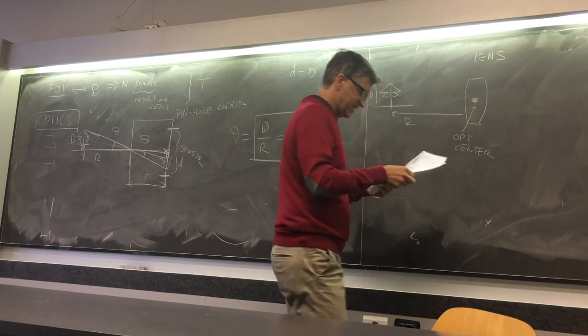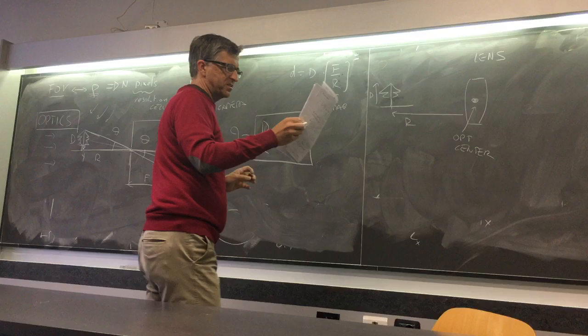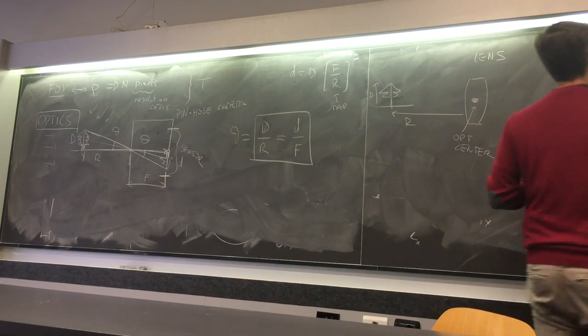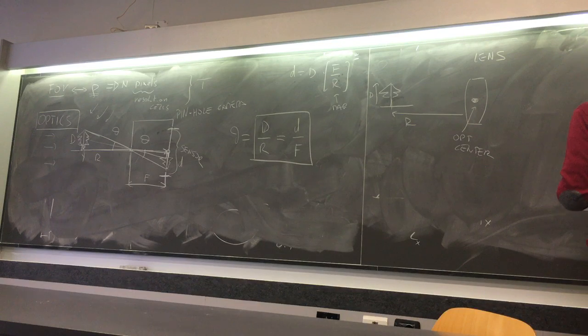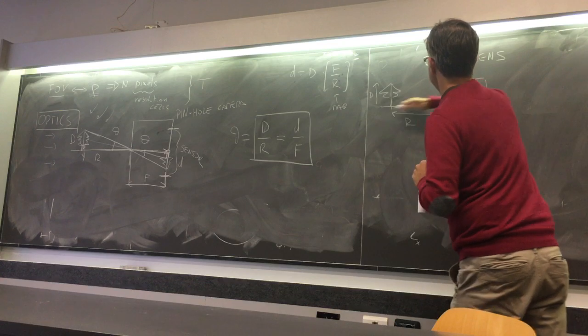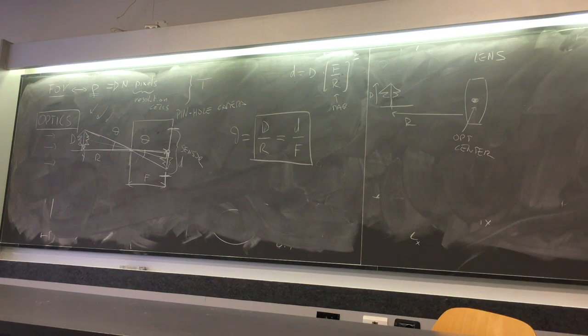So it happens that the lens has two properties, okay? One, rays parallel to this direction, so to the axis of the lens, converge in the focus.